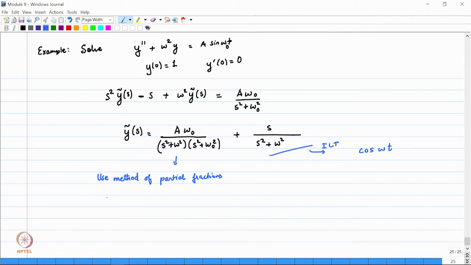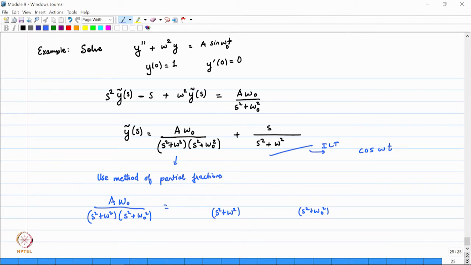So, what you will do is you will write a omega 0 divided by s square plus omega square, s square plus omega 0 square. This is equal to something divided by s square plus omega square, and something divided by s square plus omega 0 square.